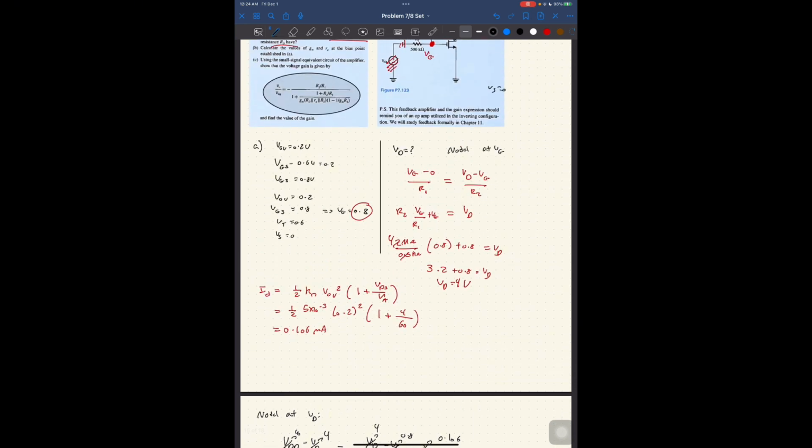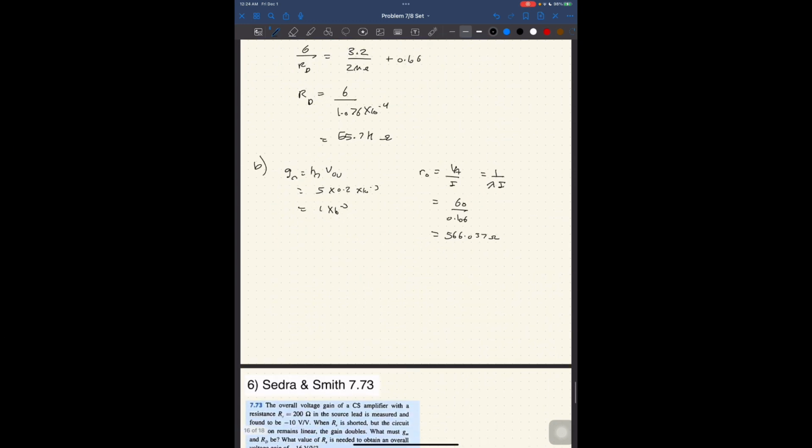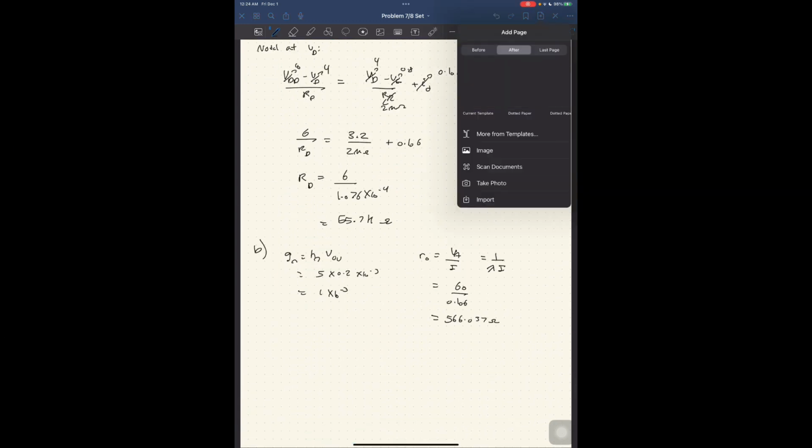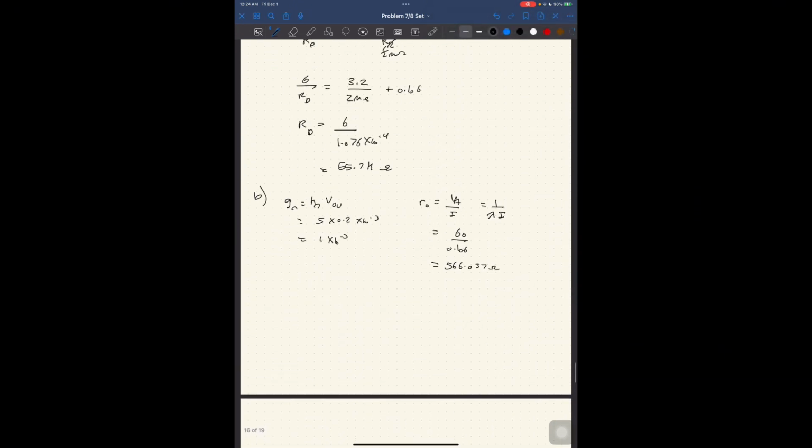Now, using the small signal equivalent circuit of the amplifier, show that the voltage gain is given by, and then we get this very complicated equation. So I guess the first step is to use the small signal model in order to be able to find the R naught, right?